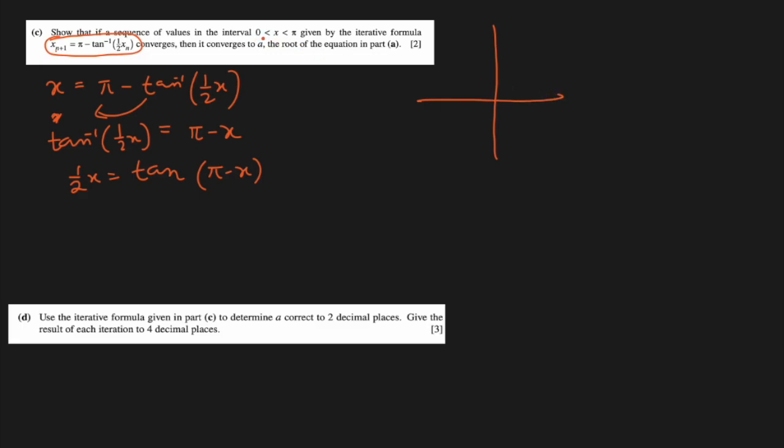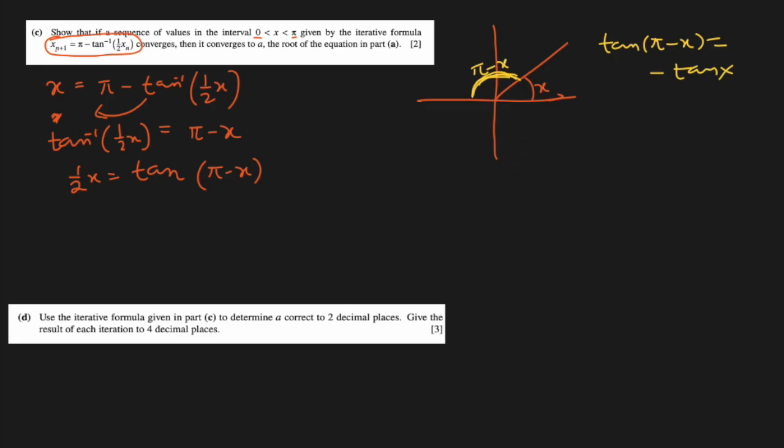They said x is between 0 and pi. So suppose this is x, then this is pi minus x, isn't it? Don't you think this angle will be an obtuse angle? Obviously, if x is in the first quadrant, that means it is less than 90. This is an obtuse angle, and tan of an obtuse angle is negative tan x.